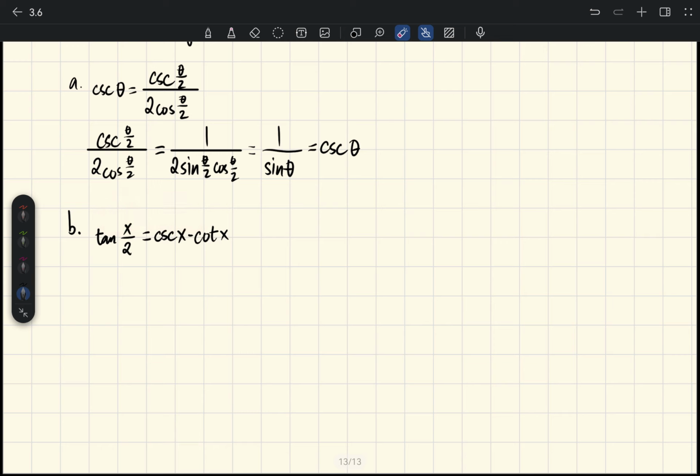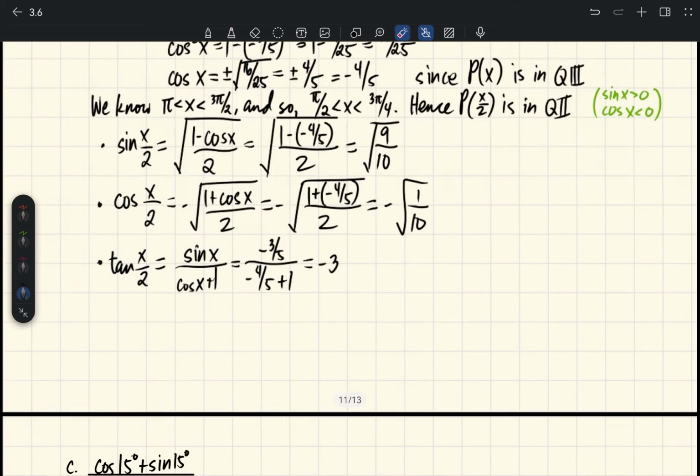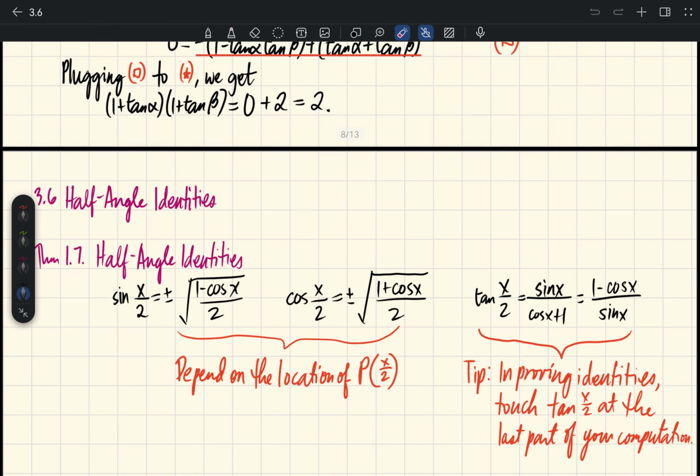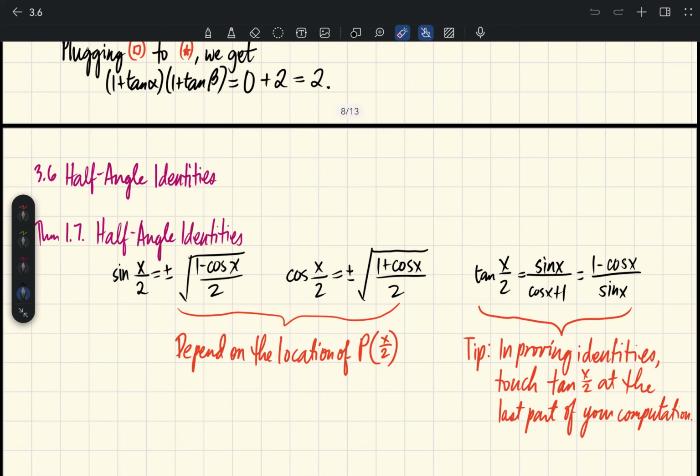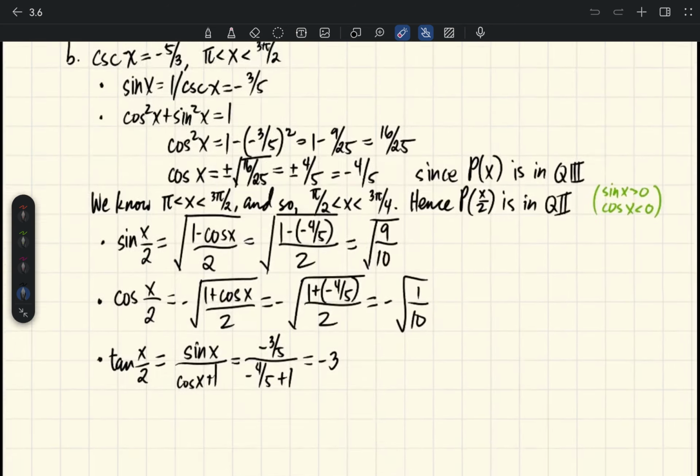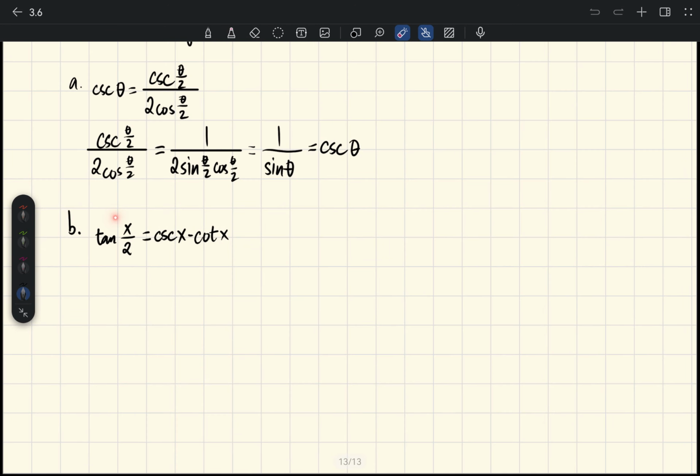I think it would be easier for us to start with this one and show that it's equal to tangent of x over 2, since for tangent of x over 2, you have two versions of this identity. So our problem is that if you will start here, you have to figure out first and foremost which form of tangent of x over 2 you need to use. So maybe let's start with the right side.